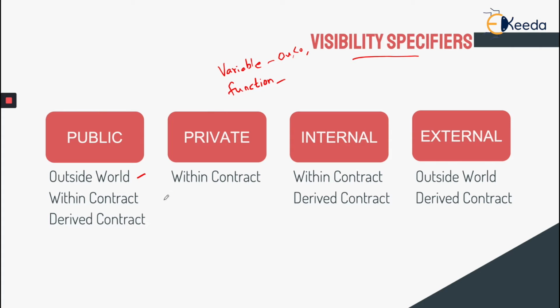One is the outside world, which means the externally owned accounts. Within the contract, which means within the same contract, if I'm creating a variable, should I be able to access the variable within the contract by the functions and all of these? Derived contract means it uses the concept of inheritance, which is an object oriented concept. If you do not understand derived contracts, we are going to talk about that in detail in the inheritance portion.